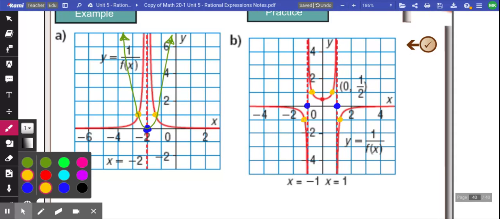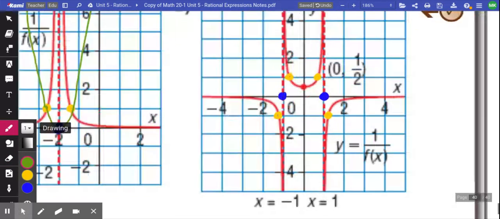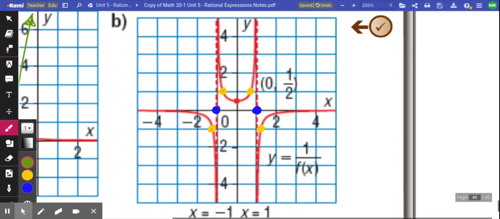And if you see, there is a bit of a trend here. My graph's going to look something like this. But we don't really know how high it's going to go. So when you do your reciprocating, if you can see that there's a vertex, then you should reciprocate that vertex. So I can notice that this thing is going to create my vertex, which is also why they told you the y value of it was 1/2.